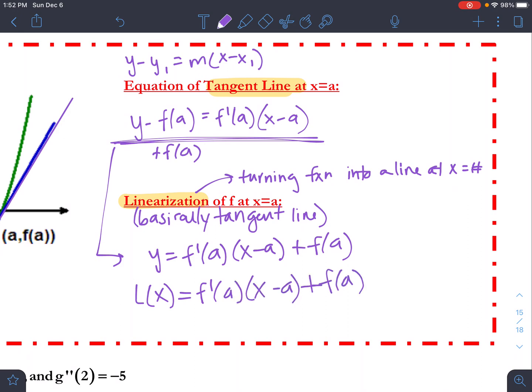This is technically the function you would need to use. So if you see linearization, you just solve for y and replace it with L of x. But notice we've done this before. It's not technically new material. It's just a new way of describing tangent lines, and how they relate to approximating different values, which we'll talk about below.